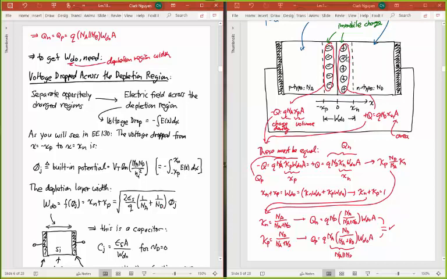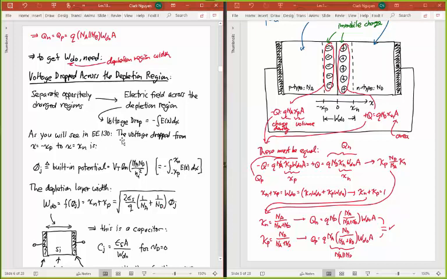For right now, let me just go through the equations. You get that voltage drop by applying Gauss's law, or by applying the Poisson equation. If you don't know exactly what those are, don't worry about that. It just means you get the voltage drop by integrating the field across this distance, the field due to these charges. That will give you a voltage drop.